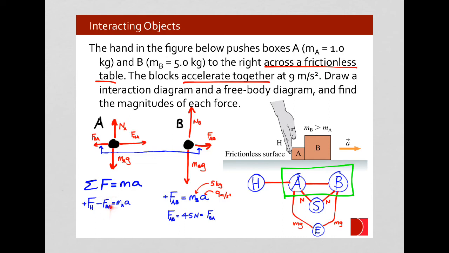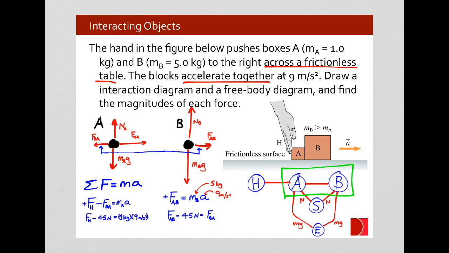If we know the magnitude of the force of B pushing on A is 45 newtons, this is the magnitude right here. We dealt with the direction with the negative sign. Then we can say the force of the hand minus that 45 newtons, that's B pushing back on A, is accelerating our block A, with a mass of 1 kilogram, with an acceleration of 9 meters per second squared.